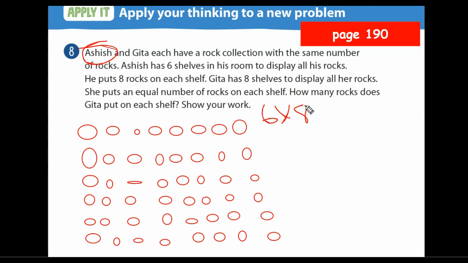Okay. What would be the flip of that? 8 times 6. So for Jita it is 8 shelves. You said 8 times 6. So how many rocks are going to be on each shelf for her? For Jita? 6. So the question is, how many rocks does Jita put on each shelf? What is it? Just 6. Okay.